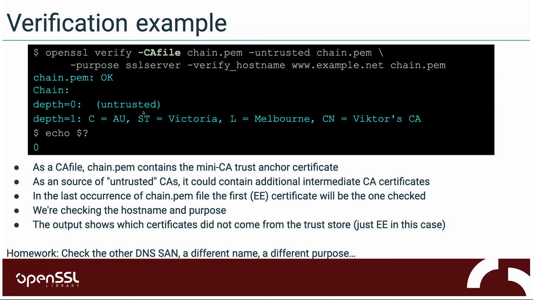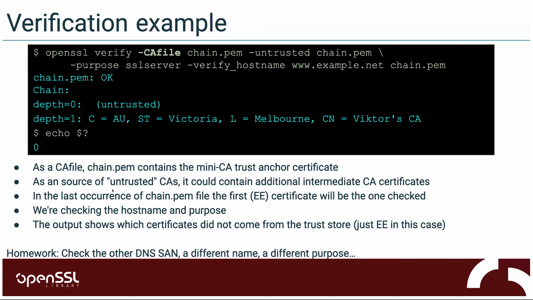They are a priori untrusted, but now that they're verified, they're trusted by being signed by the last one that is. And if we look at the exit status of this command, 0 means success. So verification not only printed out chain okay, but returned an exit code that indicates that everything worked out.